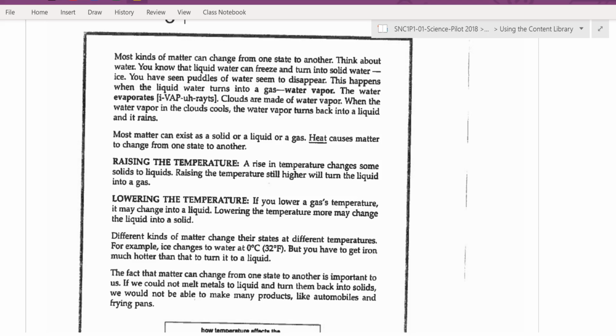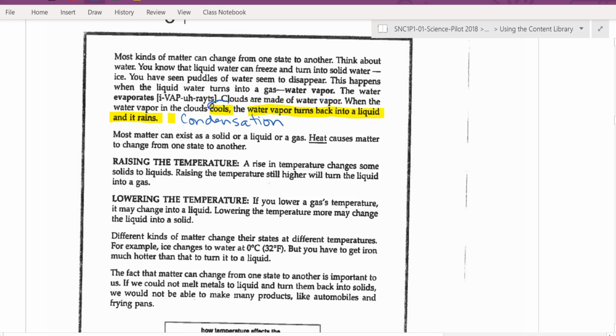When the water vapor in the clouds cools, the water vapor turns back into a liquid and it rains. Does anyone know what we call it when water goes back from a gas to a liquid? Condensation. All right, so I'm just going to highlight the word cools, because that's probably important, and we're going to call that condensation.